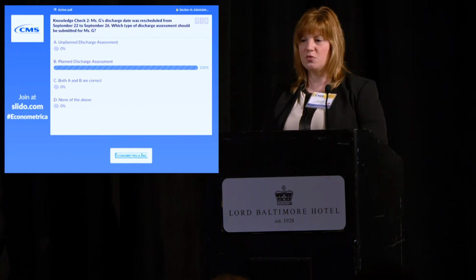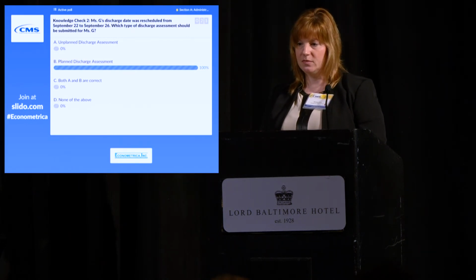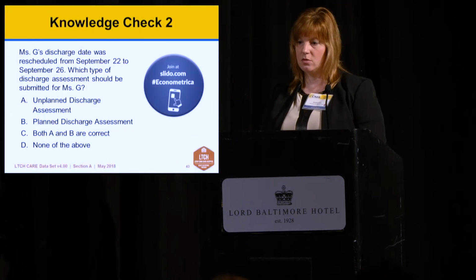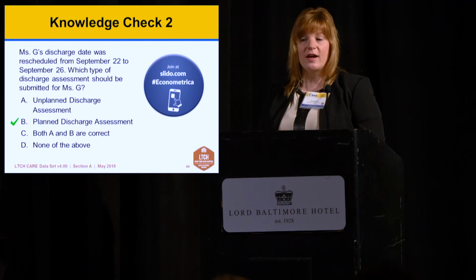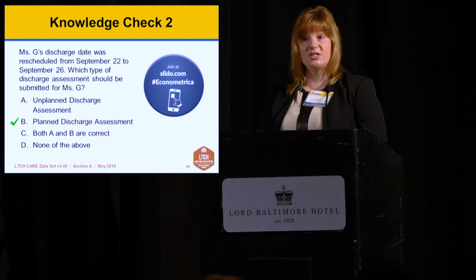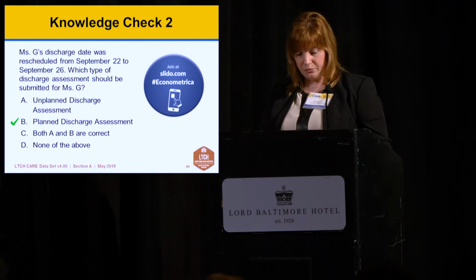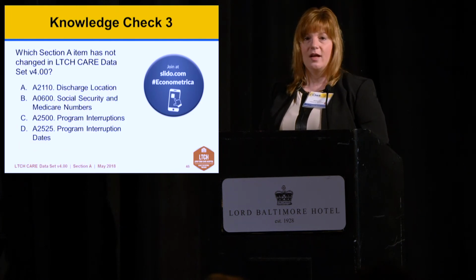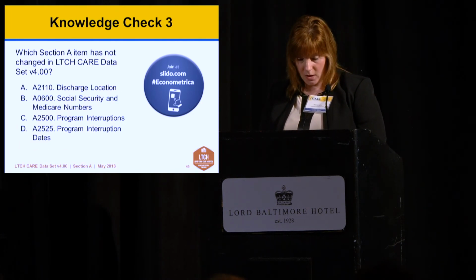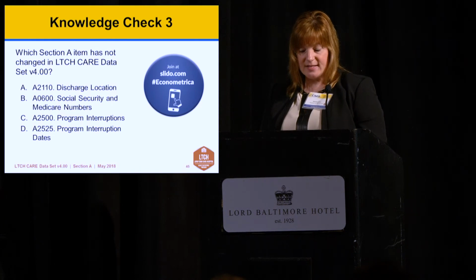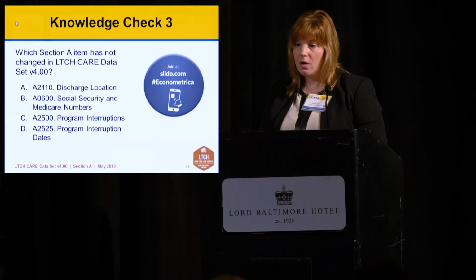Looks like 100% of you are saying B. Let's see if that's correct. The correct answer is B, planned discharge assessment. Knowledge check number 3. Which Section A item has not changed in LTCH CARE Data Set version 4?